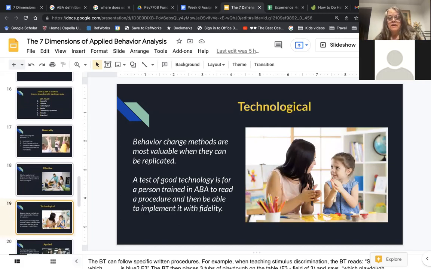And then she knows to take 3 items, different colors, put them on the table, and then ask the child which Play-Doh is blue. And then the child can pick up the blue one and give it to the teacher. And then the child will be reinforced for that behavior. That's a technological description of how that stimulus discrimination is being taught.